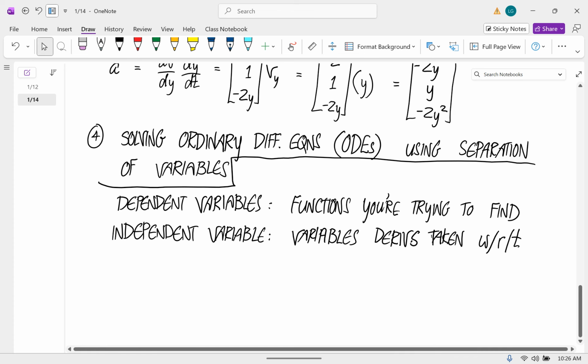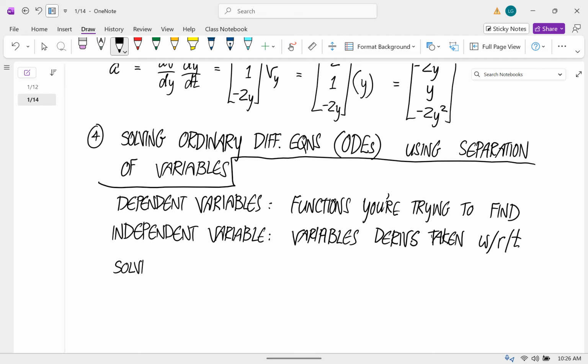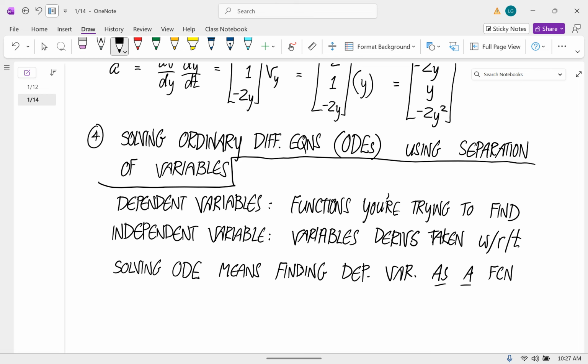So solving an ordinary differential equation means finding the dependent variable as a function of the independent variable.